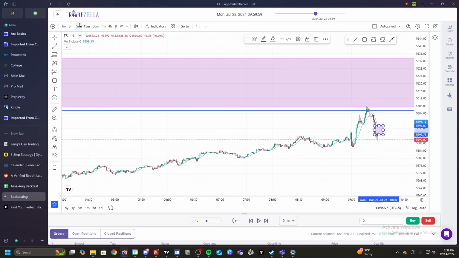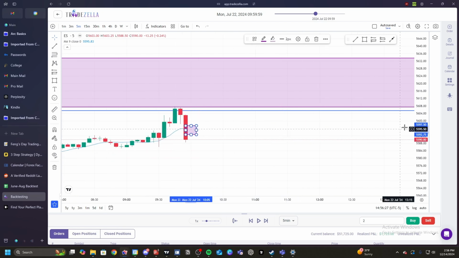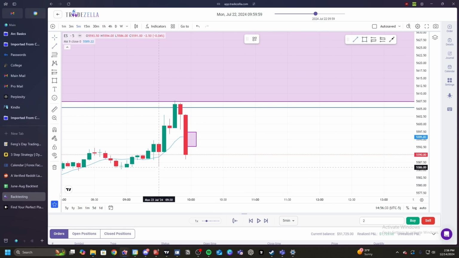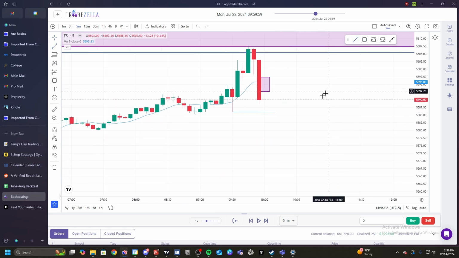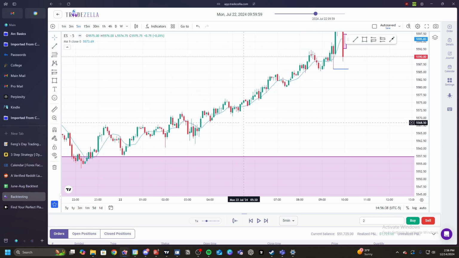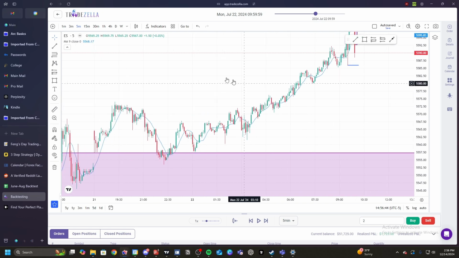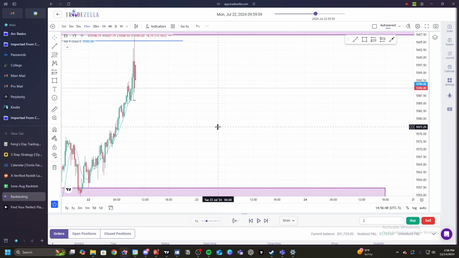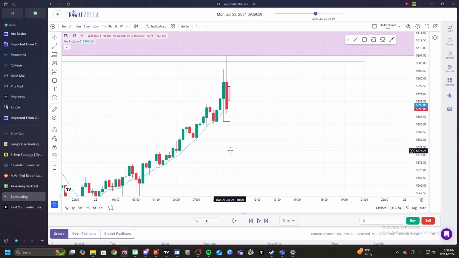And in terms of sell side liquidity, let's see what we can target here. We have the 9:30 open. And then, oh, none of these look that obvious to me.